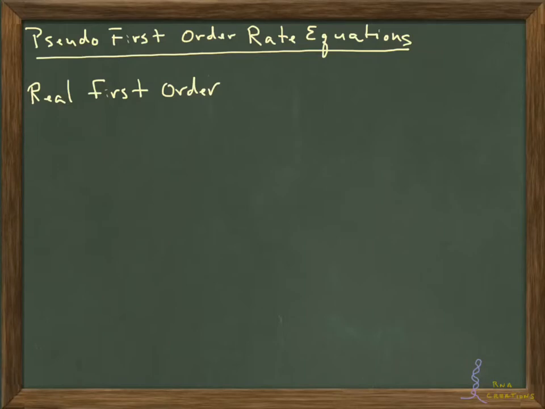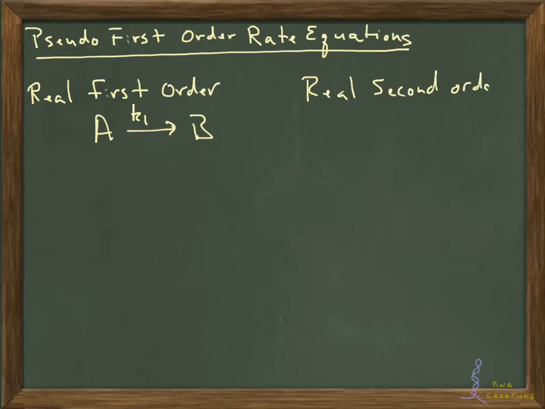All right. So real first order is just A goes to B. Let's have it a rate constant K1. And real second order is A plus B goes to C. You know what?